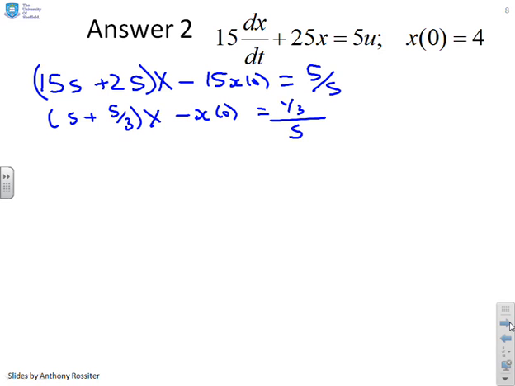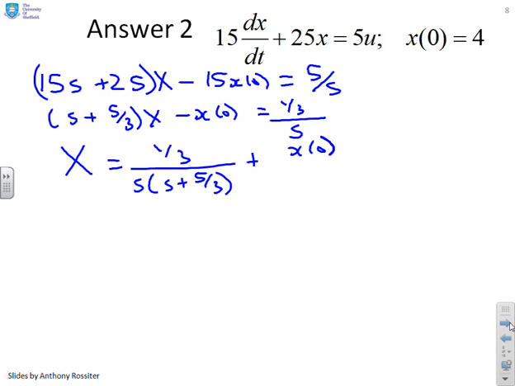And now I can divide through by the s plus 5 over 3 and move the x of 0 to the other side. So I get x equals a third over s plus 5 over 3 plus x of 0 over s plus 5 over 3.